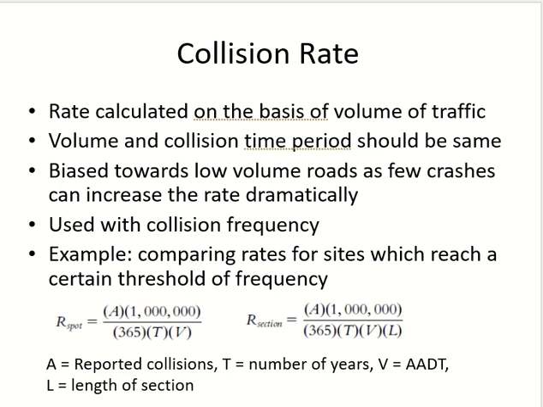So the accidents are reported, and we are now dividing by the total number of days. 365 times the number of years will give you the total number of days.